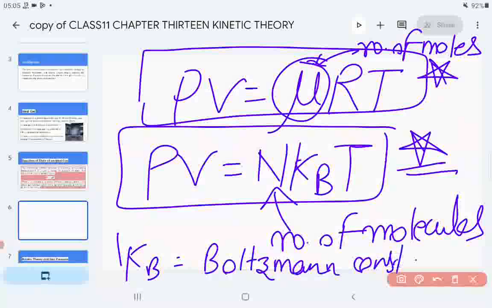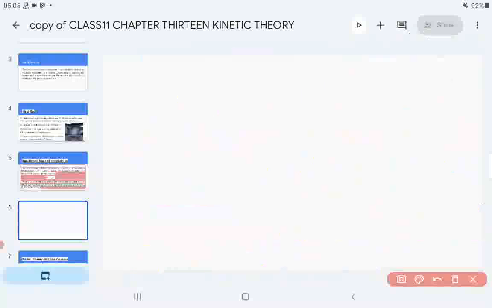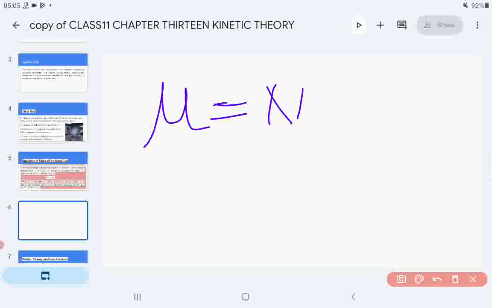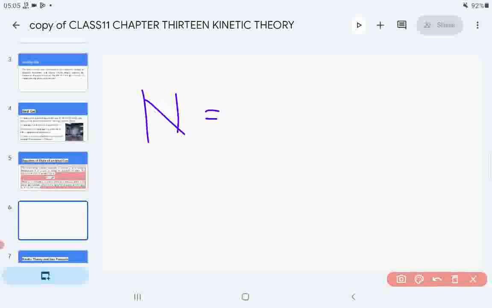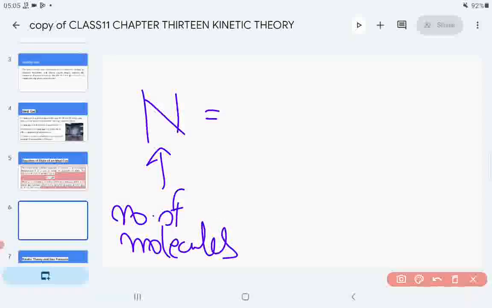If you want to know the relation between Kb and R, let us move ahead. See, dear students, mu is the number of moles and N is the number of molecules. The number of molecules equals the number of moles into the value of 1 mole.